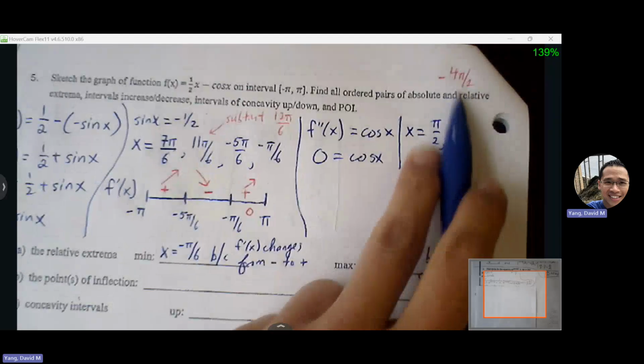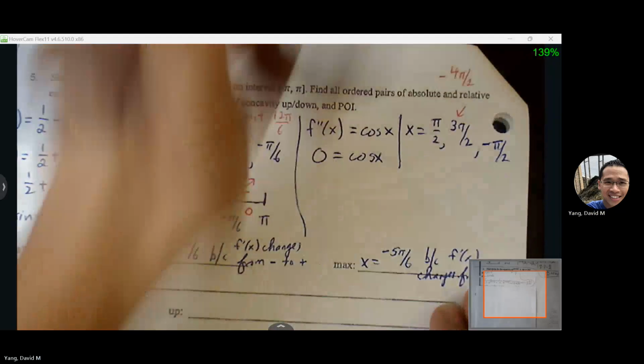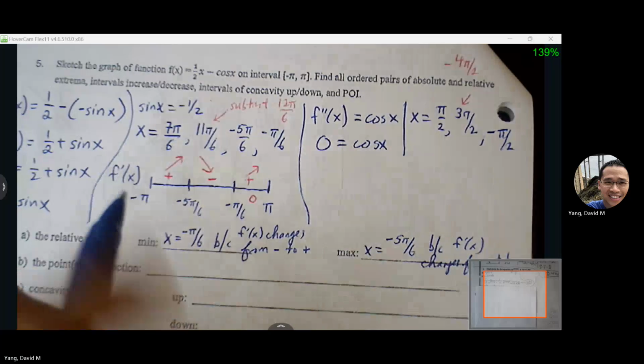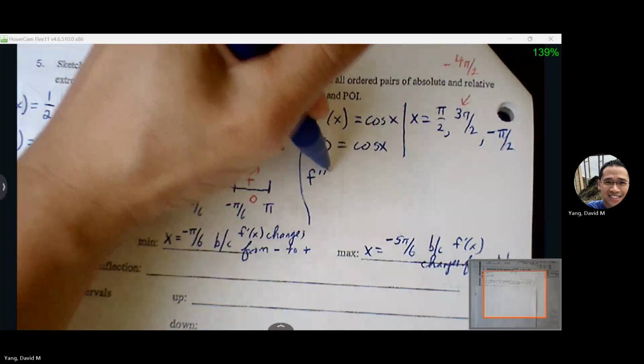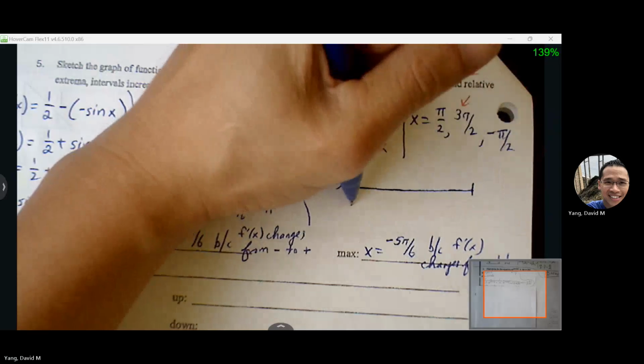Okay, negative 3 pi over 2 and negative pi over 2. Negative pi over 2 is something that we can use. Oops, sorry, negative pi to pi.